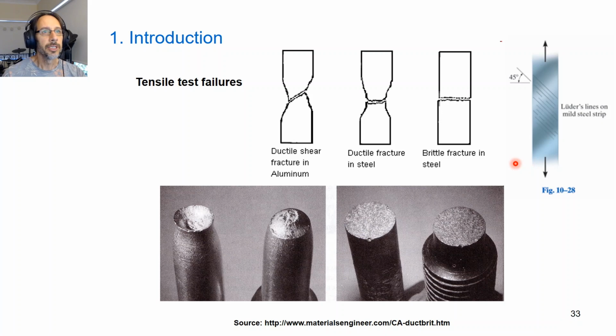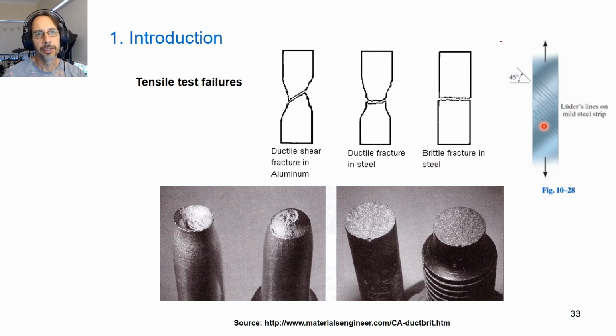Okay, so when we do these tests, here we've got an indication of the type of failure that you get in ductile and brittle materials. So here's an aluminium. We get failure in shear.